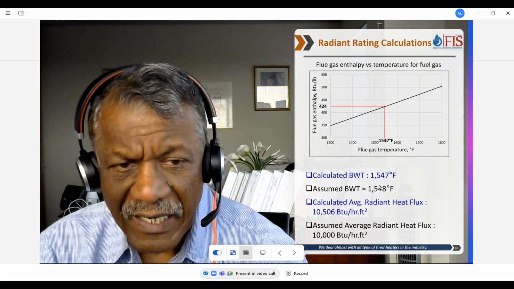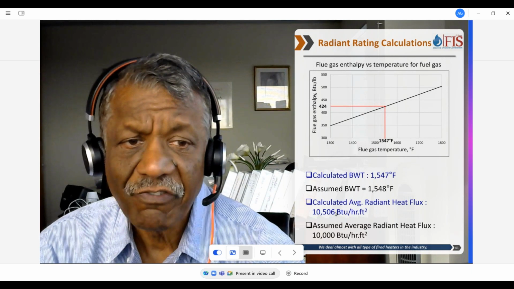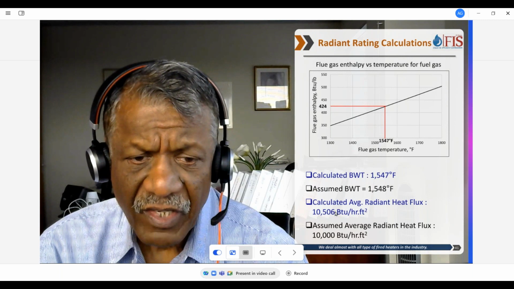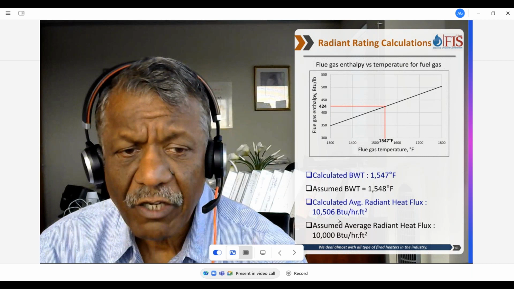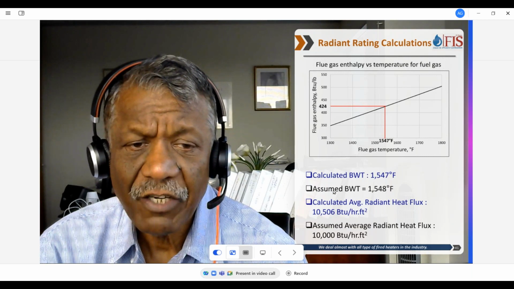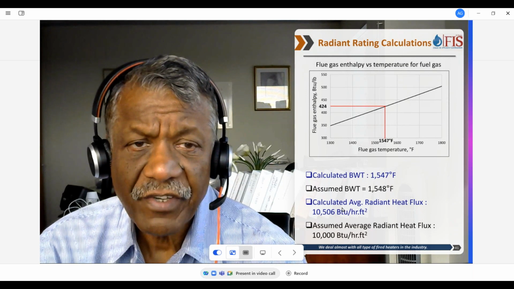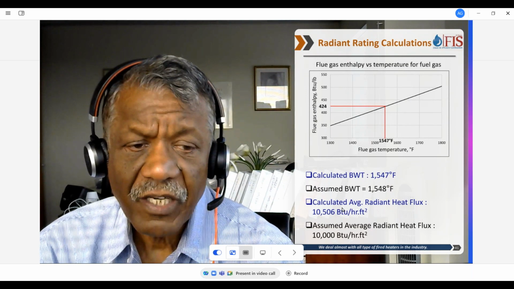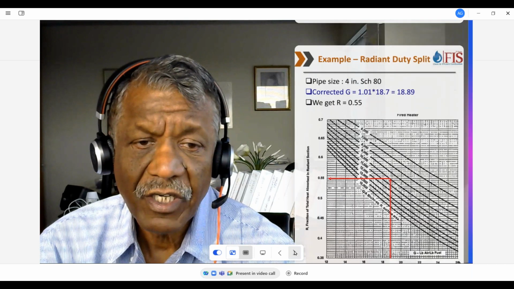So we had to balance this and we had to balance this. It still needs one more iteration to get the assumed and calculated fluxes and assumed and calculated BWT within 1%. If we can do that, that means our radiant section design is complete, and we can move on to the convection section.